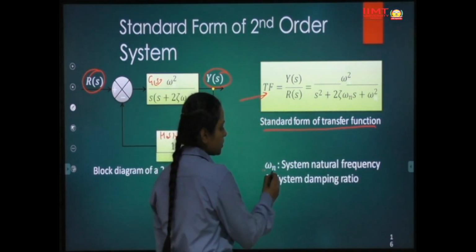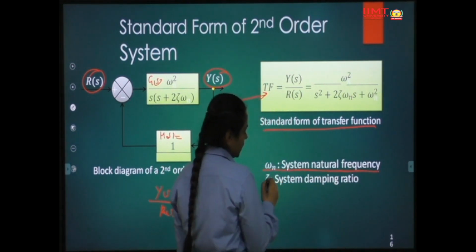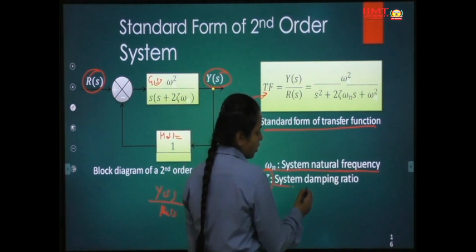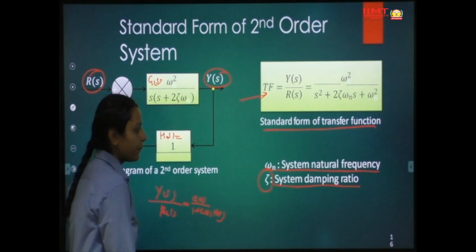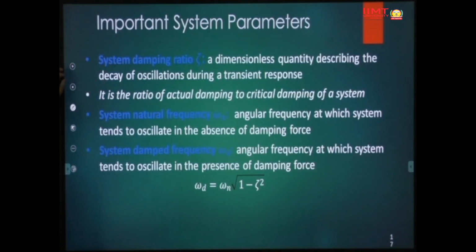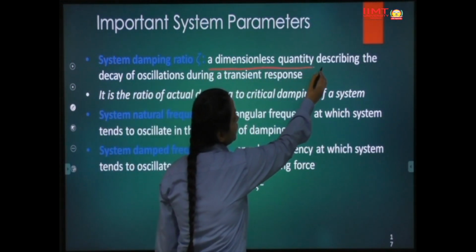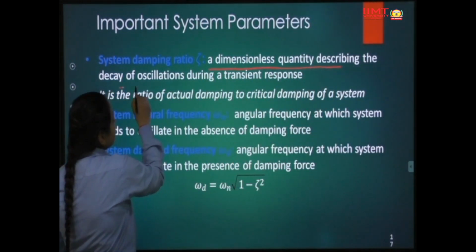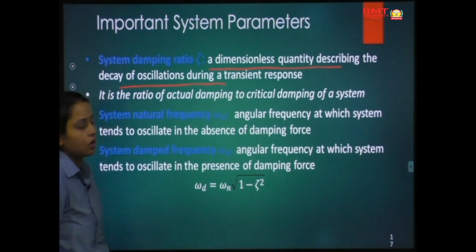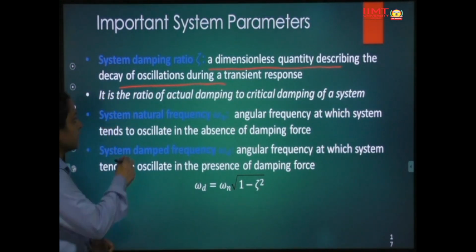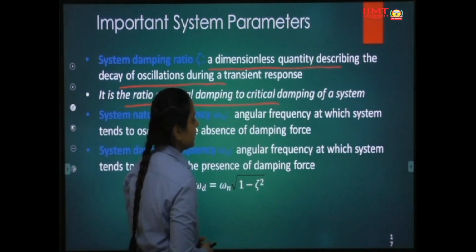Here omega n is called the system's natural frequency, and zeta is called the damping ratio. The system damping ratio zeta is a dimensionless quantity which describes the decay of the oscillation during a transient response. It is the ratio of actual damping to critical damping.